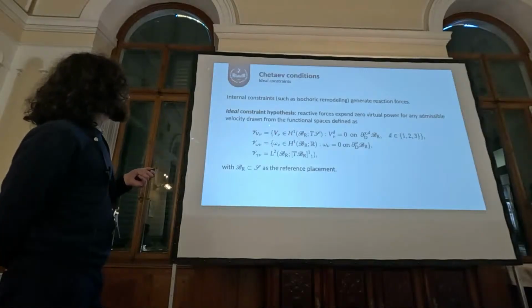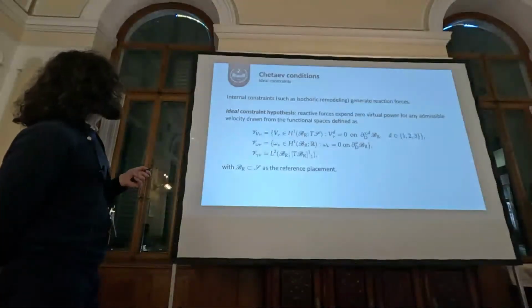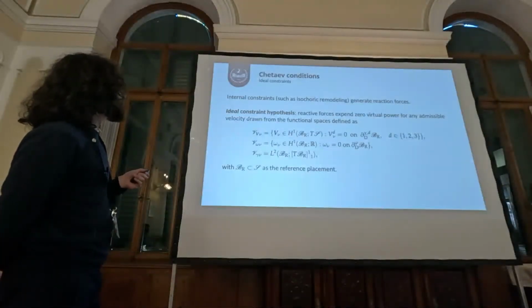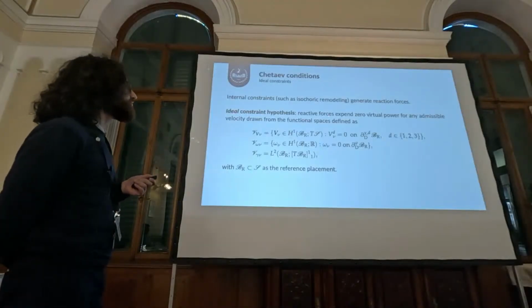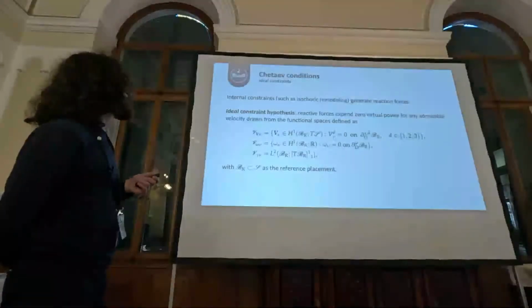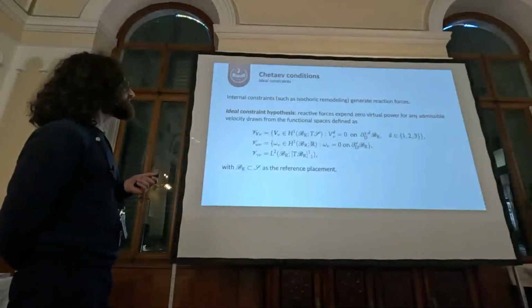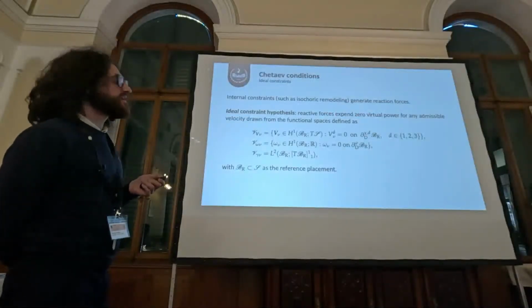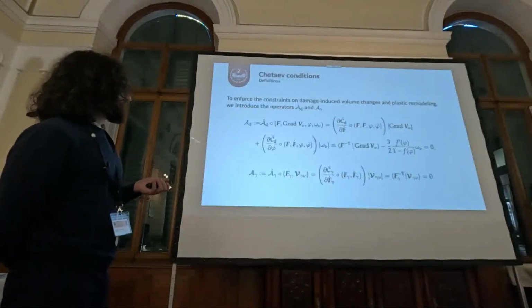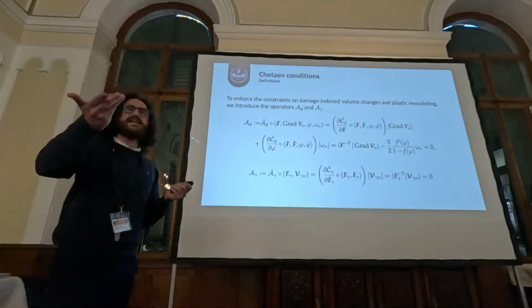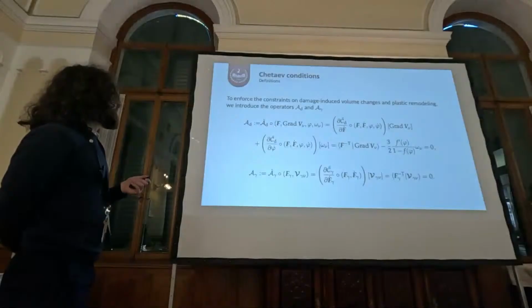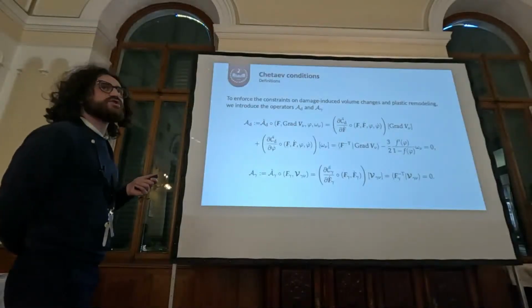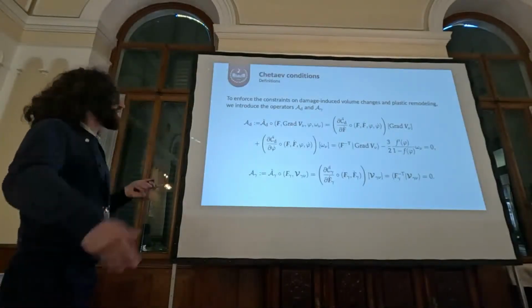We have these three spaces, and we have to assume that the constraints are ideal. That means that the reactive forces generated by our internal constraints expend zero virtual power. If we translate this mathematically, we have the Chetaev conditions related to our two constraints.